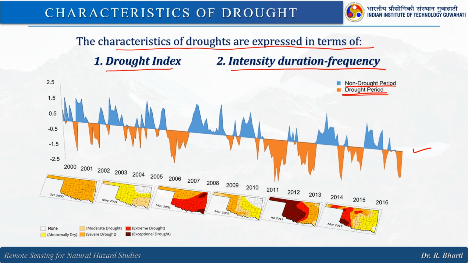So, in the blue you can see what is the intensity, right, and what is the duration. This is duration. So, if the duration is large like this one, this is a non-drought period, but if you refer to this, the drought period is quite long, right. So, in such a situation the problem will be more, right.